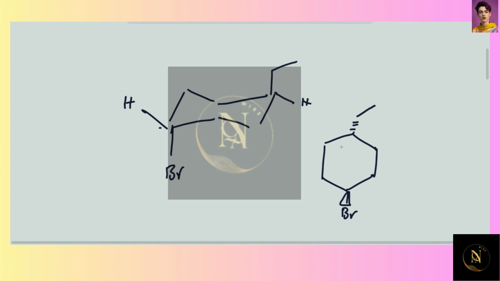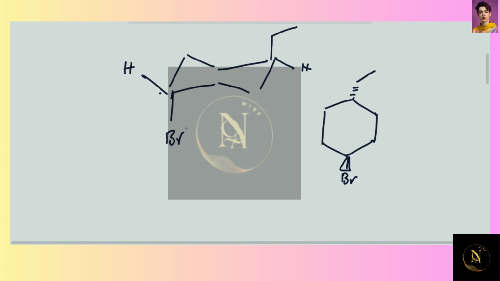Okay, so now we've got cyclohexane with a bromine and an ethyl, and we need to essentially determine, is this 1-bromo-4-ethyl or 1-ethyl-4-bromo.